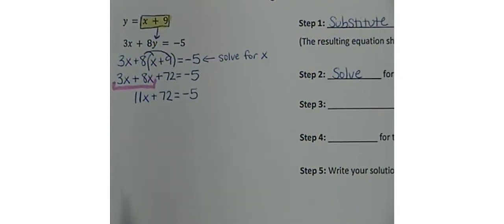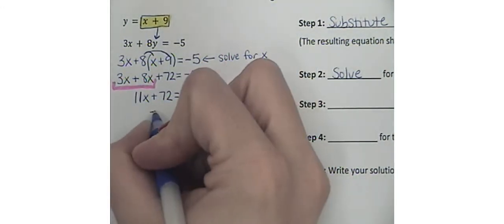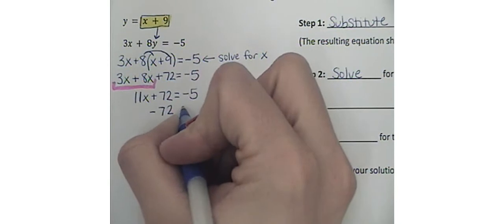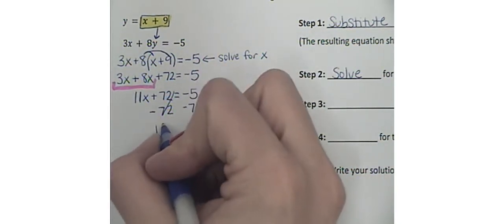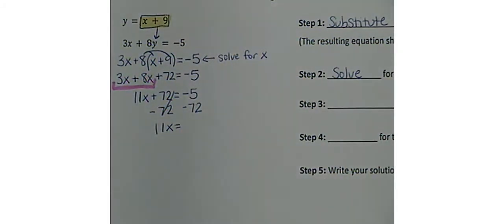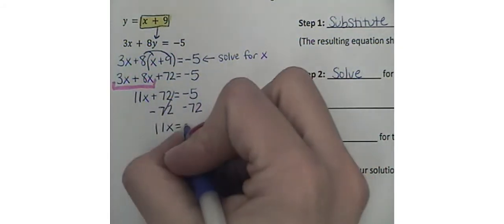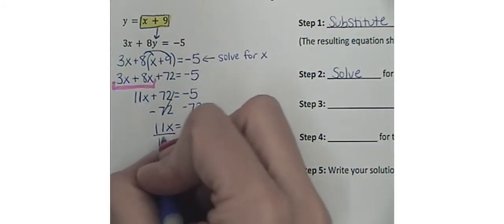I want this 11x to be alone. I want my numbers or my constants together on the other side. So I'm going to subtract 72 from both sides. So 11x equals what? Negative 77. Perfect. Divide both sides by 11.